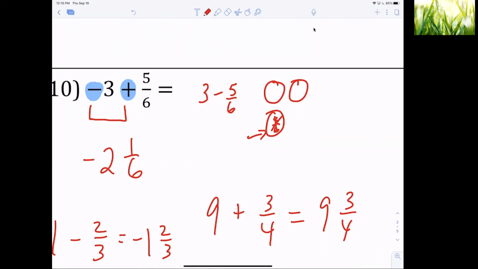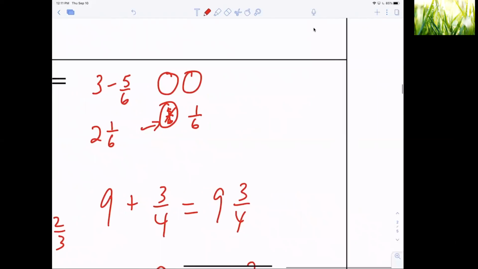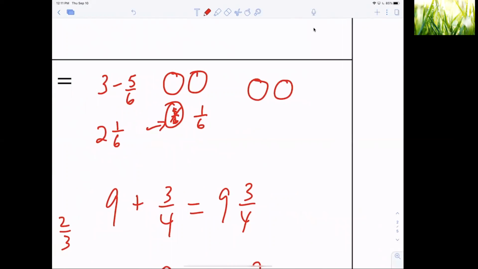Right, 1 piece left. So 3 minus 5/6 is 2 and 1/6. Remember that? Because originally you had 3, and now I just ate 5 out of 6 pieces. There's 2 and 1/6 left.